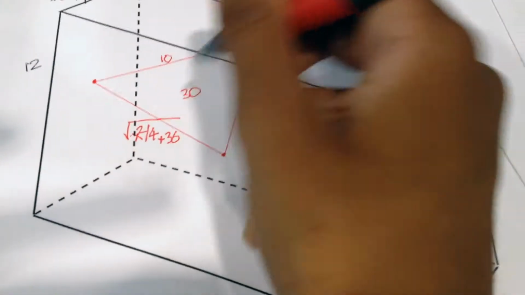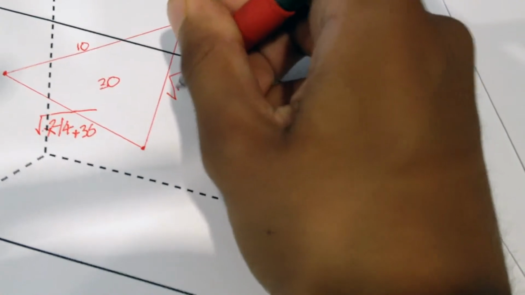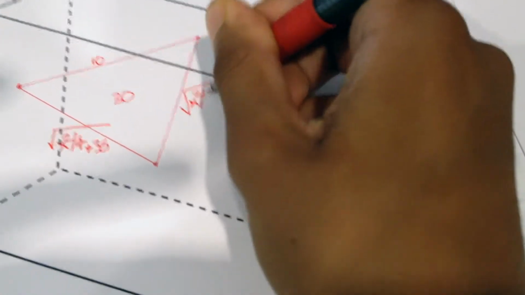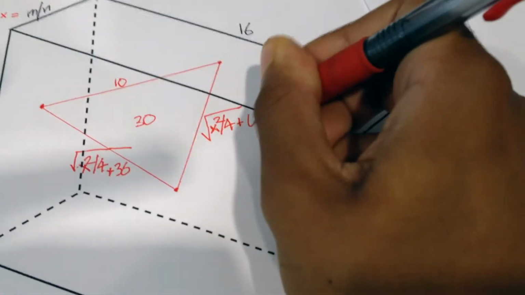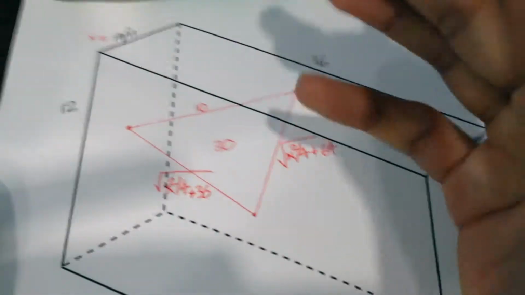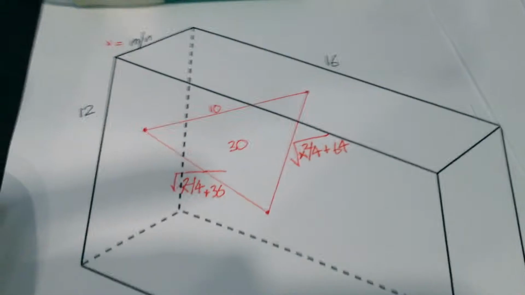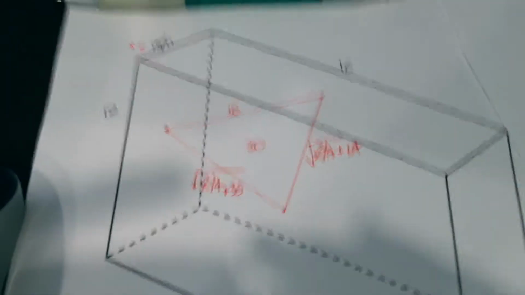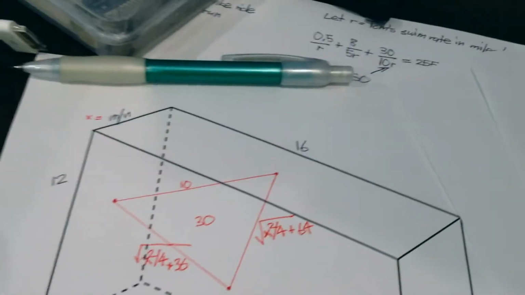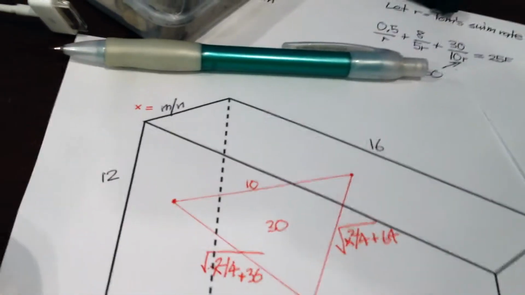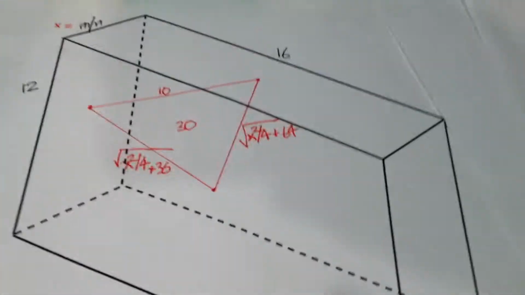It's not the neatest, but you get the idea. And then for the other one, using similar logic, we have x squared over 4 plus 64. And that's because it's formed by legs that were x over 2 and 8 long. So summing those squares and taking the square root, we get those legs.